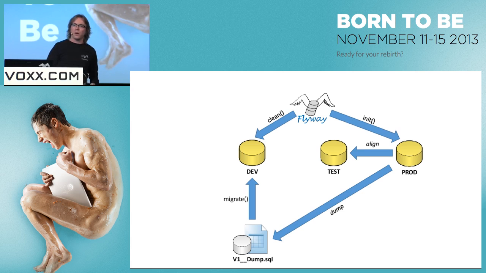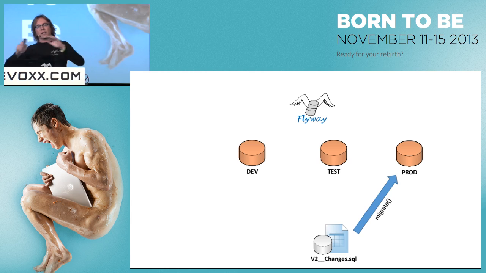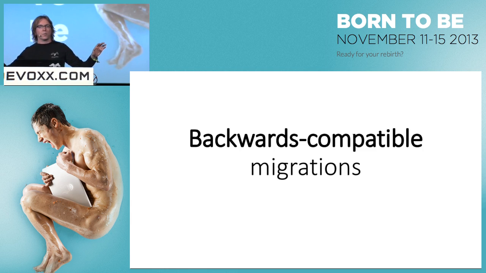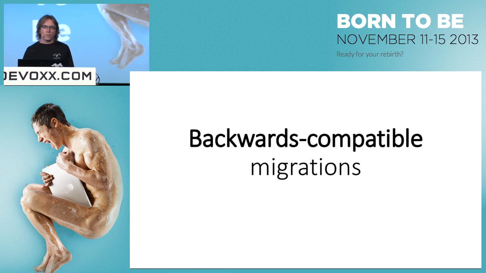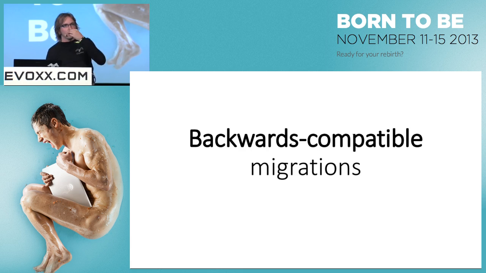So it will migrate the database, and we now see that all 3 databases are at the exact same level, so that when version 2 comes along, we can just apply it equally to all of them with no changes.